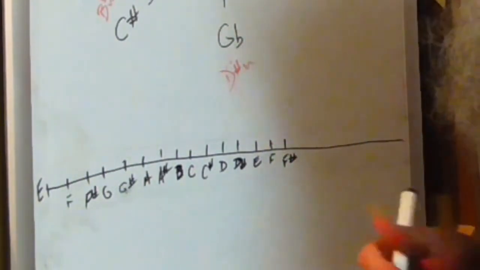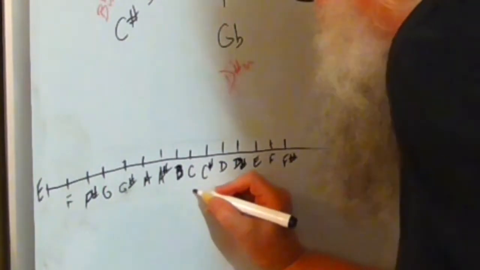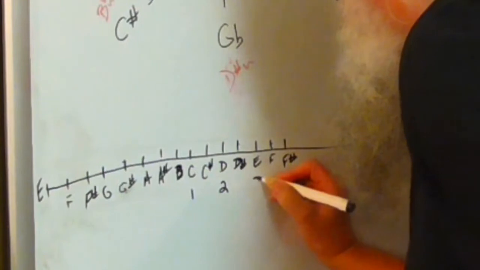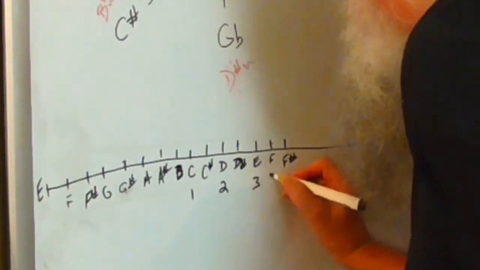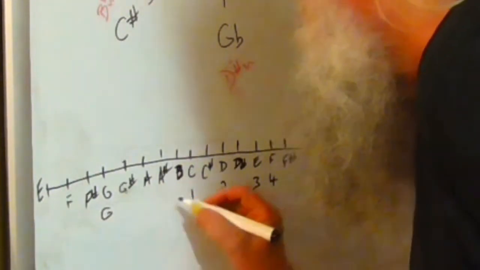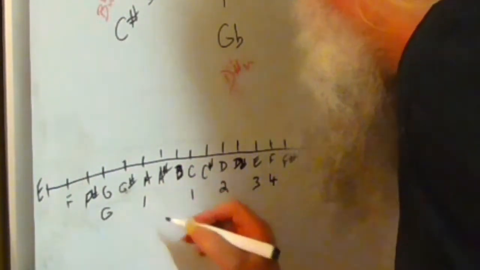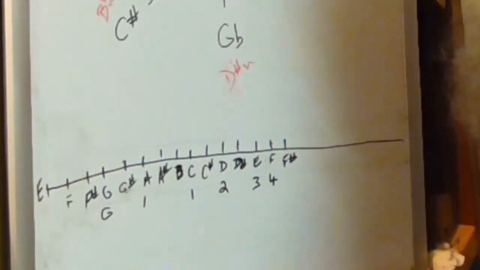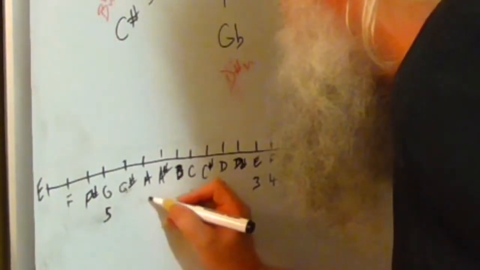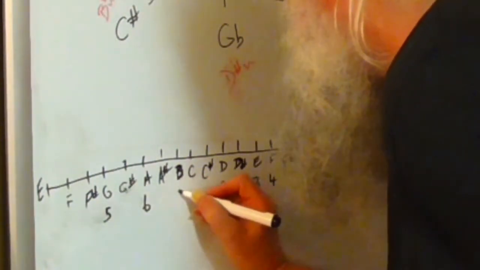So, we've got C, D, E, F, G, A, oops, sorry. One, two, three, four, 5, 6, 7.